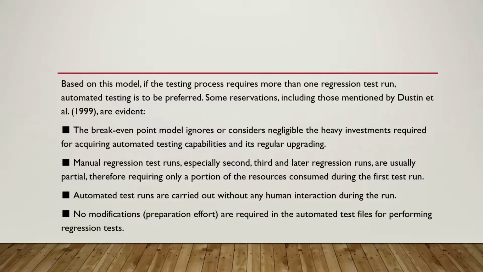Manual regression test runs, usually second, third, and later regression runs, are usually partial, therefore requiring only a portion of the resource consumed during the first test run. Automated test runs are carried out without any human interaction during the run. No modifications or preparation reports are required for automatic tests performing regression tests.